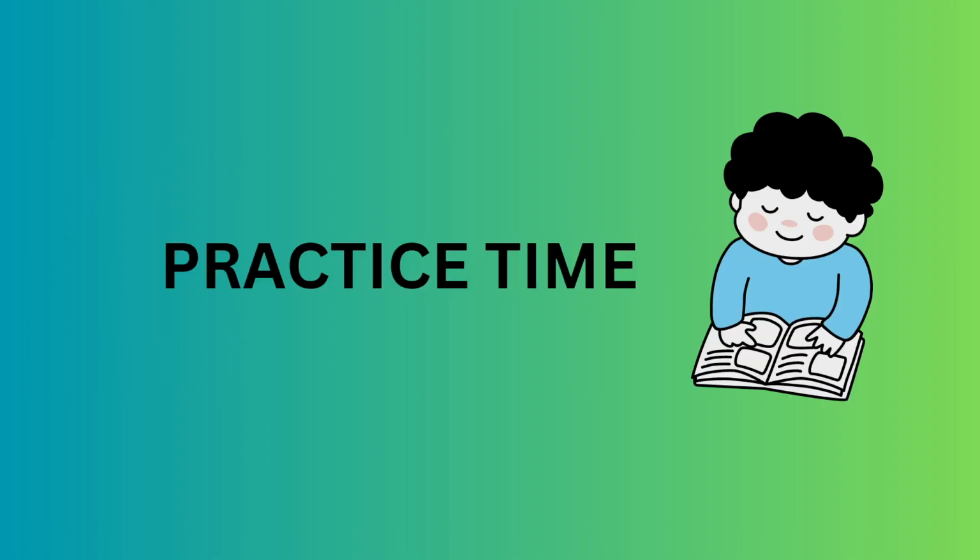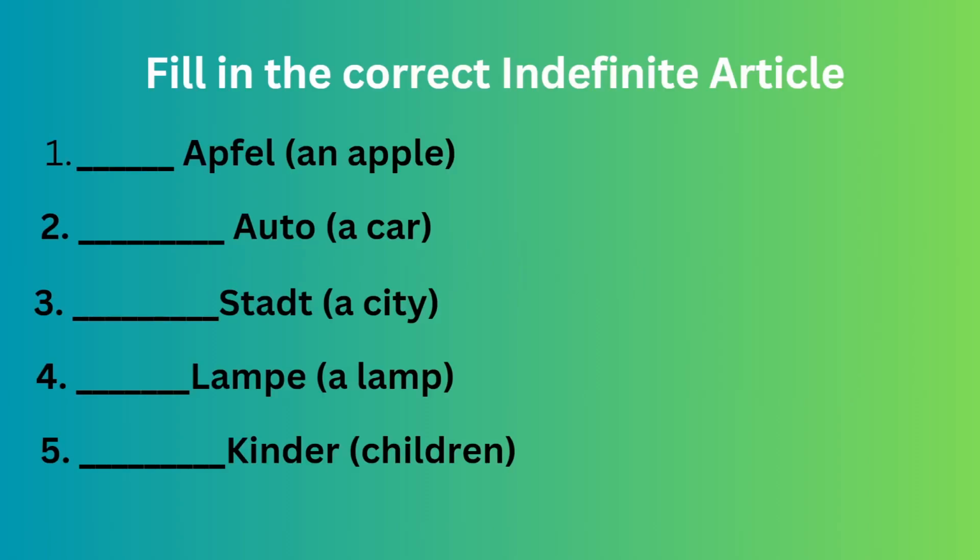Now that we have covered the basics of indefinite articles in German, it is time for some practice. I'll provide you with a few examples and I want you to try and identify the correct indefinite article. So, are you ready? Here we go. So here you need to fill in the correct indefinite article against each noun.